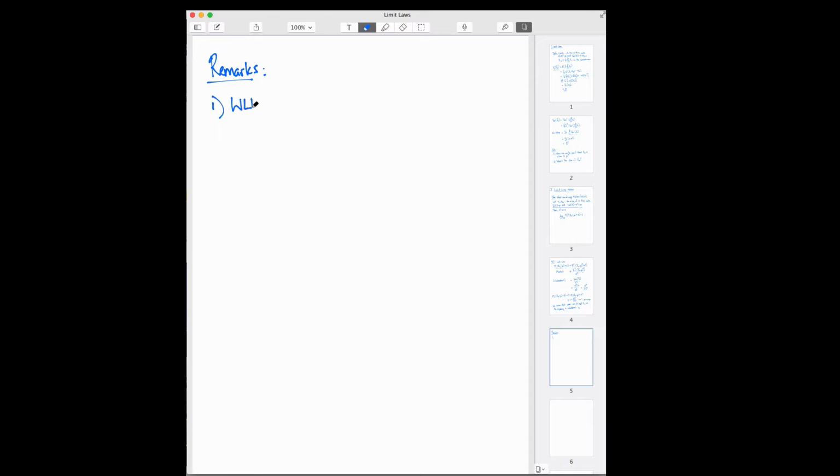So the weak law of large numbers says that the sample mean approaches the population mean as n approaches infinity. That is, for large n, x bar n is close to mu with high probability.